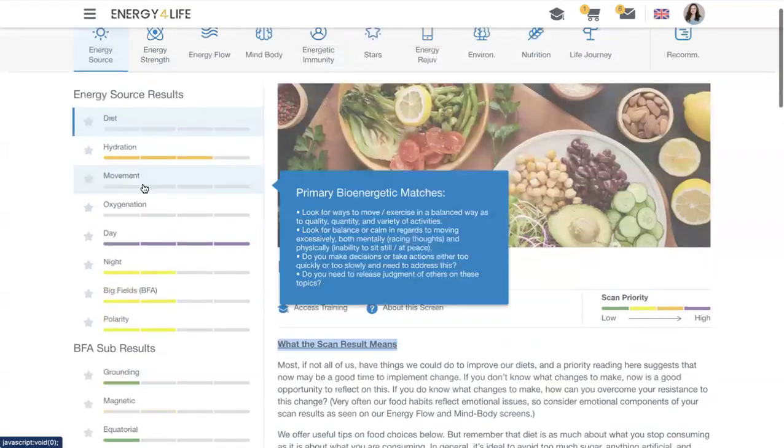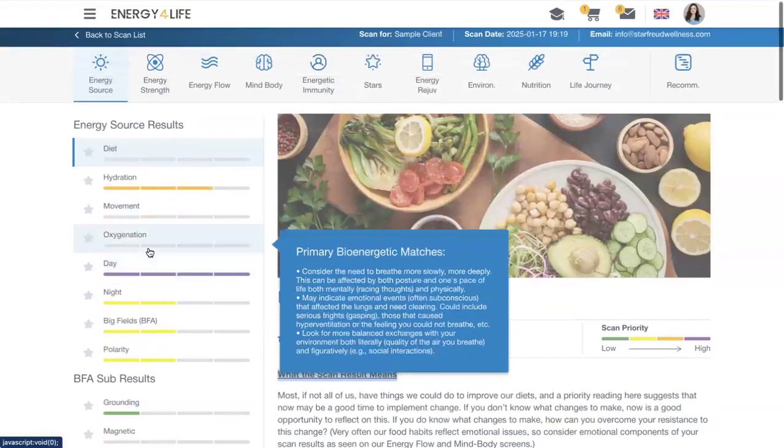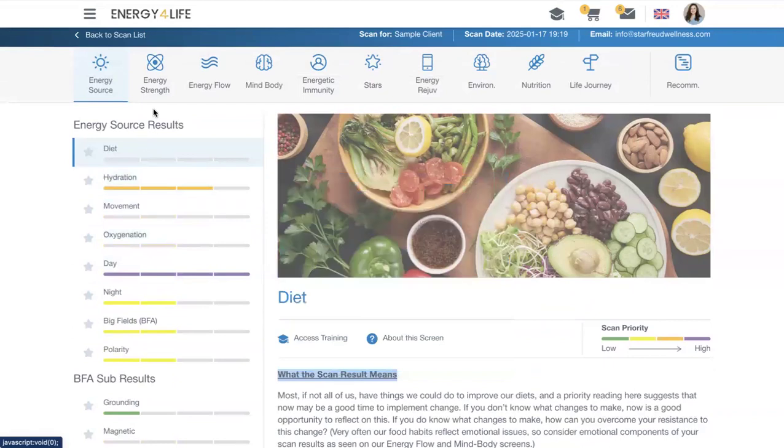So the goal is not to have any purples, but of course, in the perfect world, that doesn't exist, but we want to get it to be as balanced as possible, right?